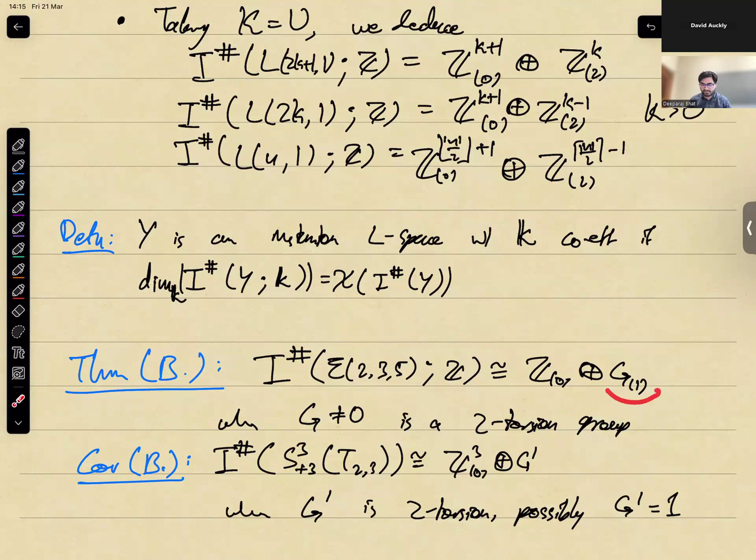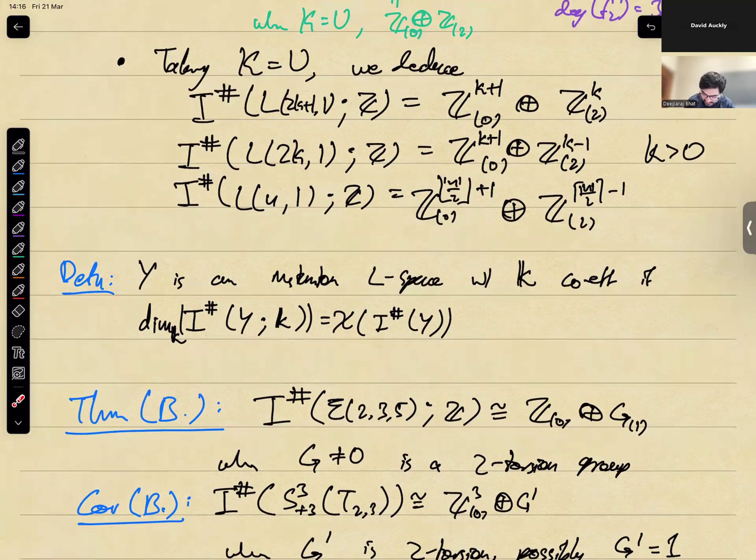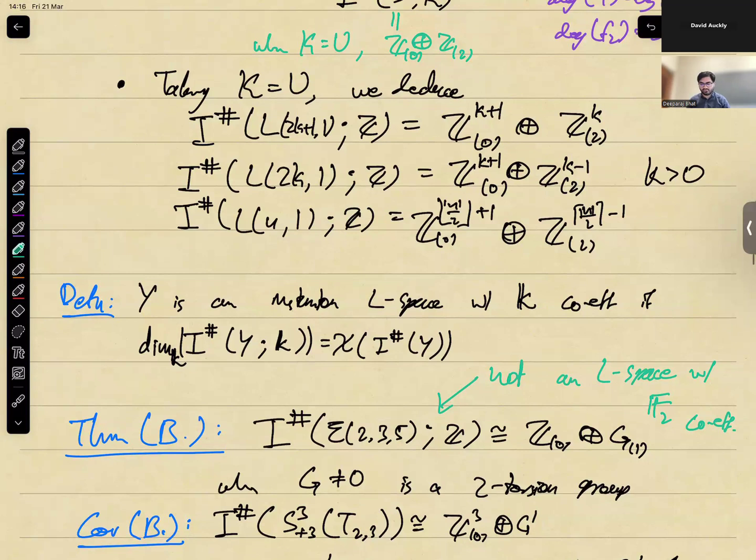And in particular, this is not an L space with F2 coefficients. So in sharp contrast with Heegaard Floer theory or monopole Floer theory.